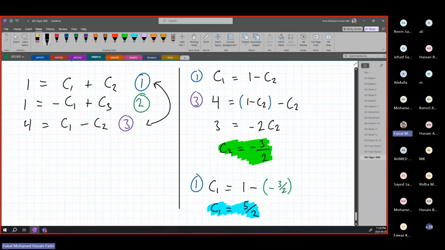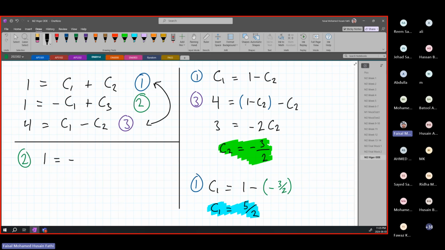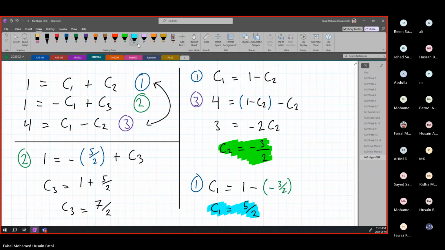Now we can look at equation 2, which is 1 is equal to negative C1, where C1 is 5 over 2, plus C3. If we solve for C3, C3 is equal to 1 plus 5 over 2. C3 is 7 over 2. And this is the final constant that we have.